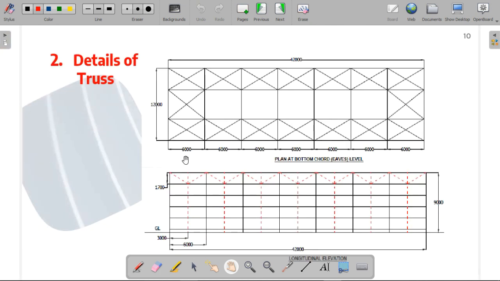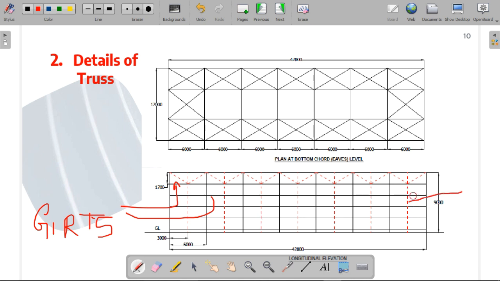So this is the elevation of the truss, which will help us to understand the girt and the bracings for the girt. You can see that these horizontal members are called the girts, and these vertical dotted lines and the inclined dotted lines are the bracings or the sag rods.